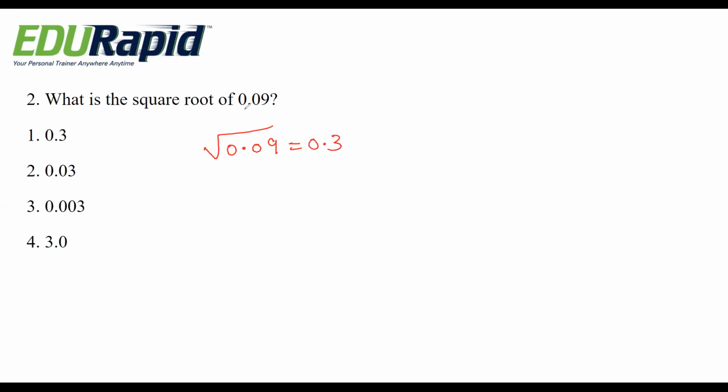That means what I said earlier, you have to split two digits into a single digit. The square root of 9 is 3. So it is very simple. Option 1.